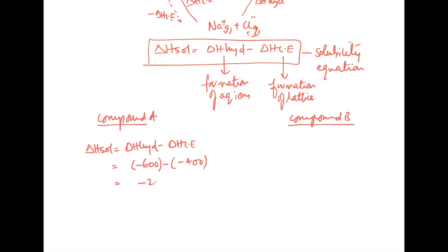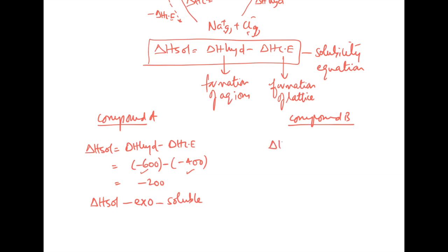So the answer is minus 200. Right? So can you see that the hydration value is more than the lattice enthalpy? It means that formation of ions is more than formation of solid. So overall, ions are being produced. So we can say a compound is soluble. A compound is dissolving in water. So from here we can conclude that when enthalpy of solution is exo, the compound is soluble, or you can say very soluble.